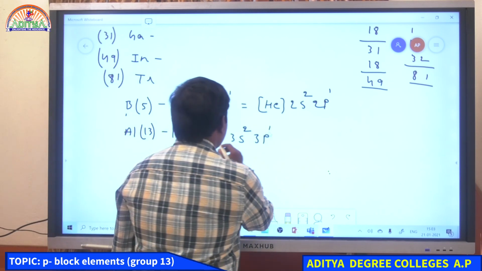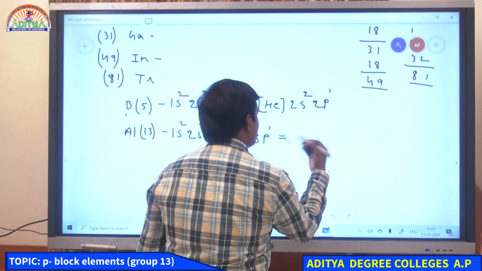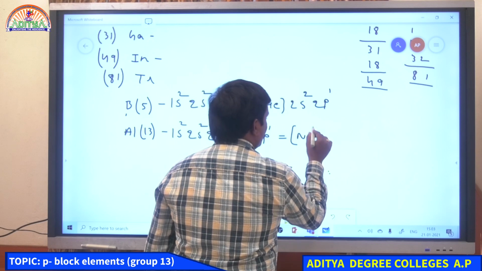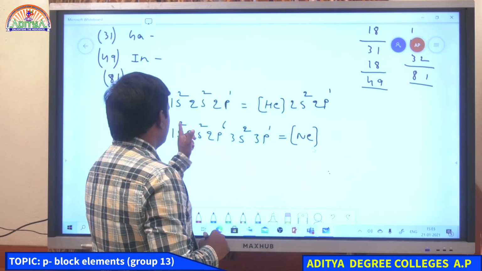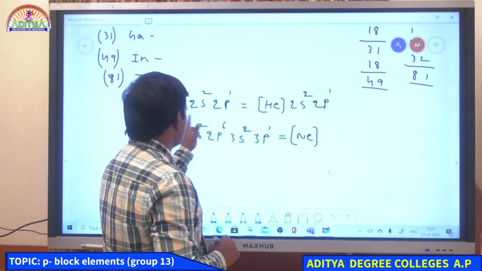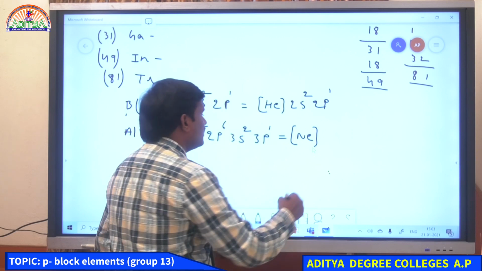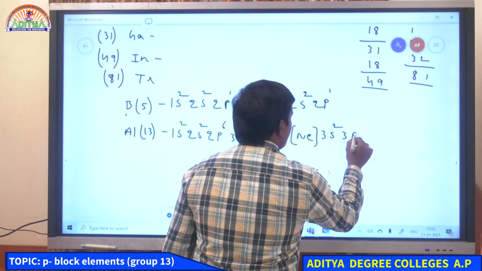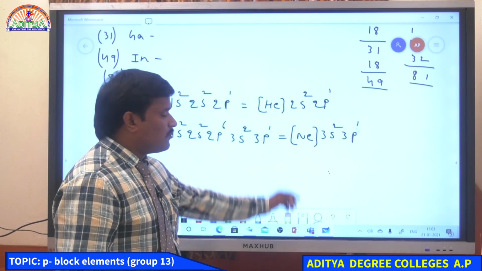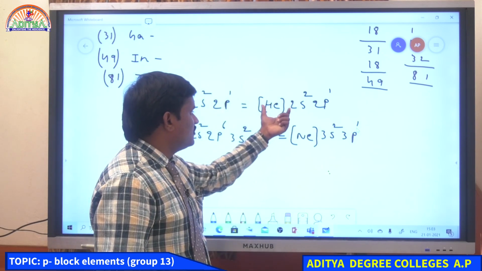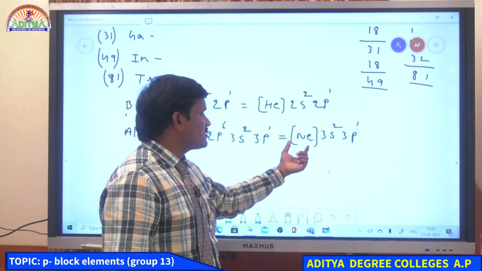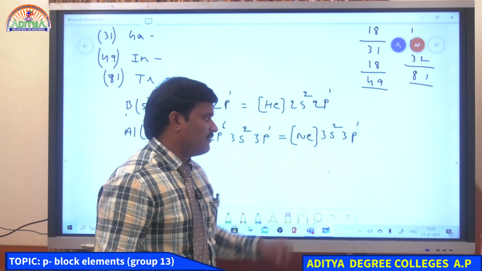This configuration is written in terms of the next noble gas, that is neon. Neon has atomic number 10, so totally 2 plus 2 plus 6. Then the next configuration is 3s2, 3p1. So for boron, the configuration is helium 2s2, 2p1. Similarly for aluminum, the configuration is neon 3s2, 3p1.